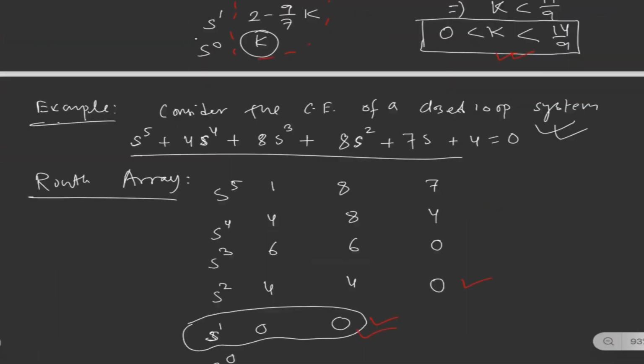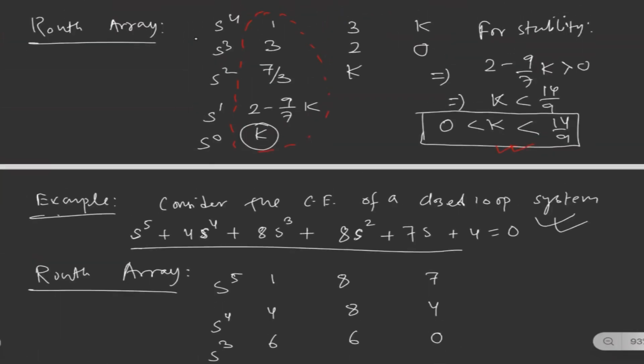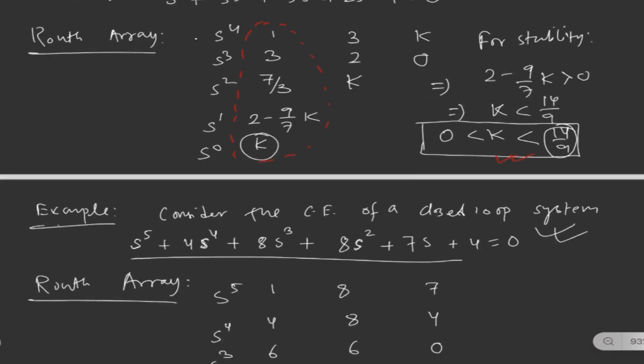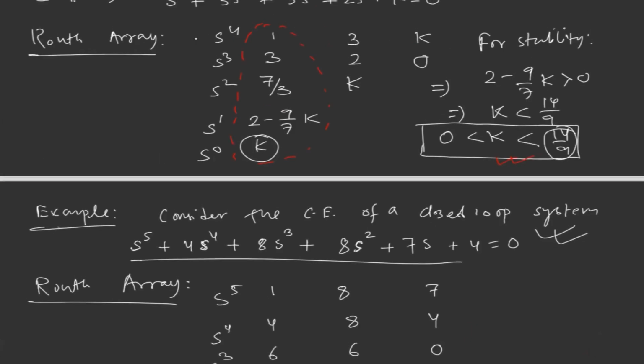example, if you notice, if for example k equals 14 by 9, if you choose this case, then the 0th row will come, and due to that, the system will be marginally stable. So that's why we can find the range of K for which the system will be stable.